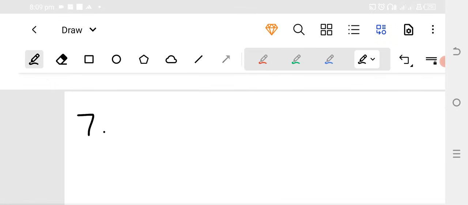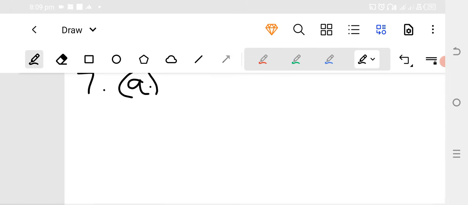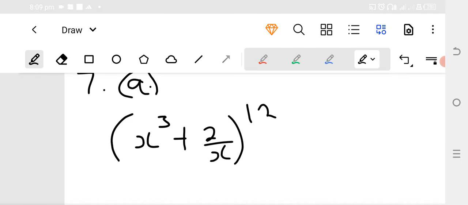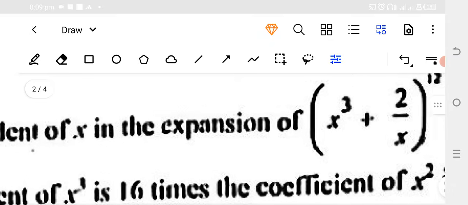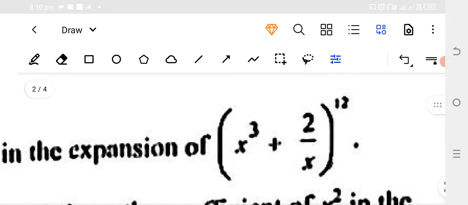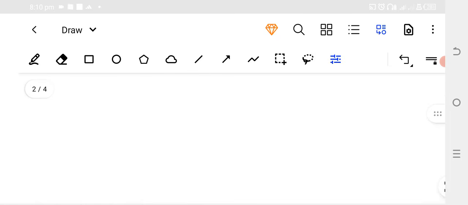So we have a, where we have the expansion of x cubed plus 2 divided by x, raised to the power 12. Take note, that is power 12.